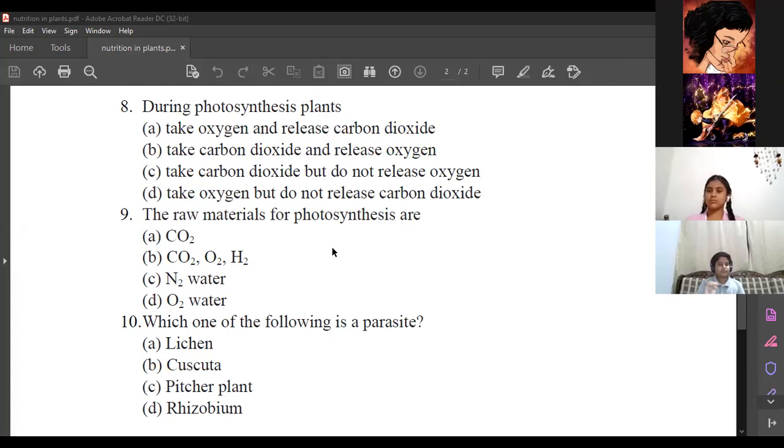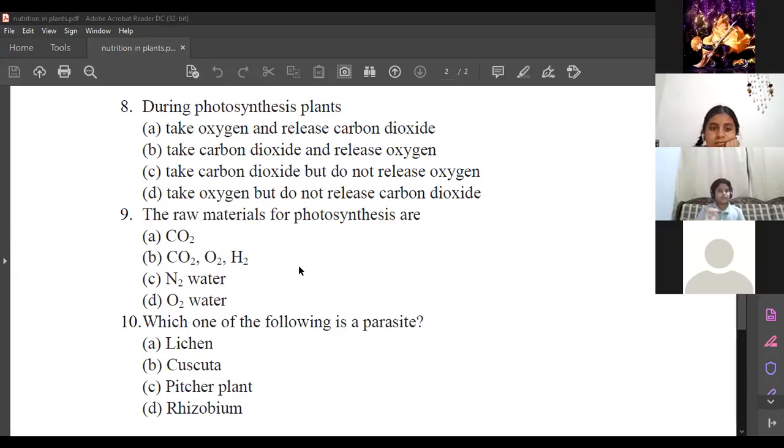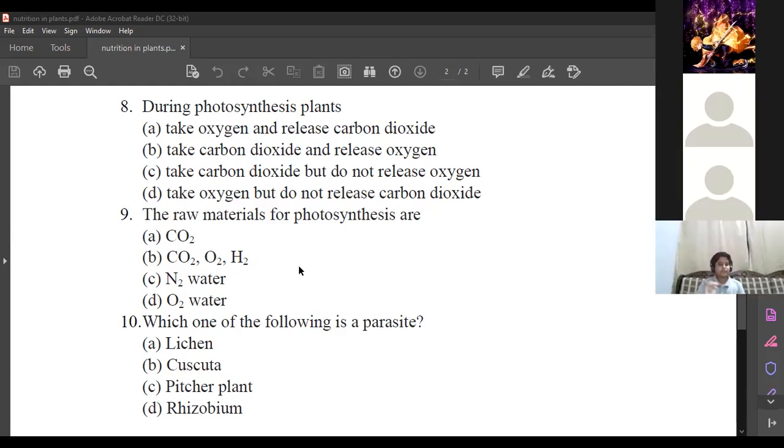Sir, in the ninth question, the answer is A only, but materials are there, so I chose B. Okay, what are the different materials required for the photosynthesis process? Carbon dioxide is required, water is required. Both are required for the photosynthesis process. But in the given options, O2 is not required for the photosynthesis process to take place, right?